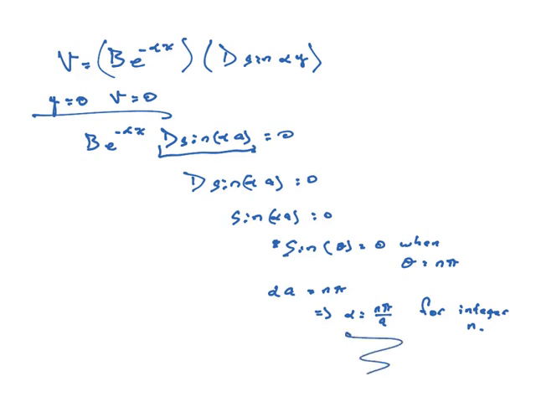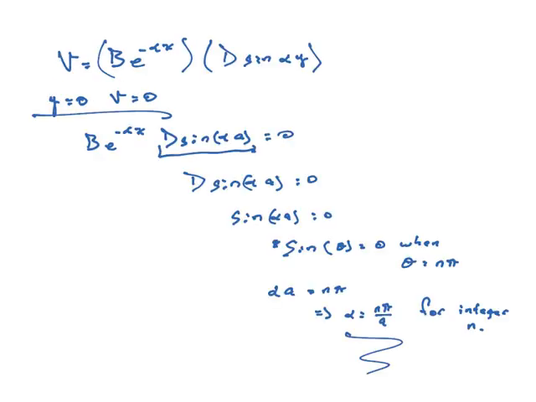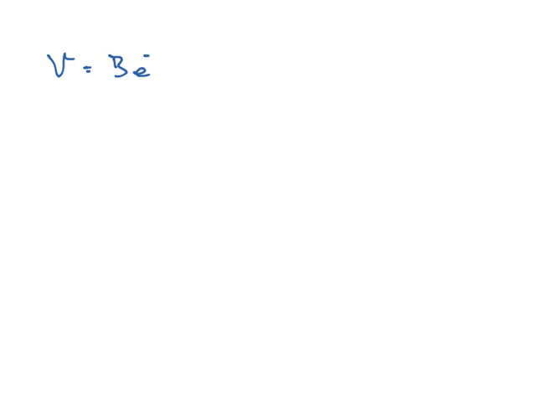So once we've discovered this, what do we have? Well, our potential was b e to the minus alpha x times d sine of alpha y, but we just found out alpha is n pi over a. So we have e to the minus n pi over a times x, times d sine of n pi over a times y.